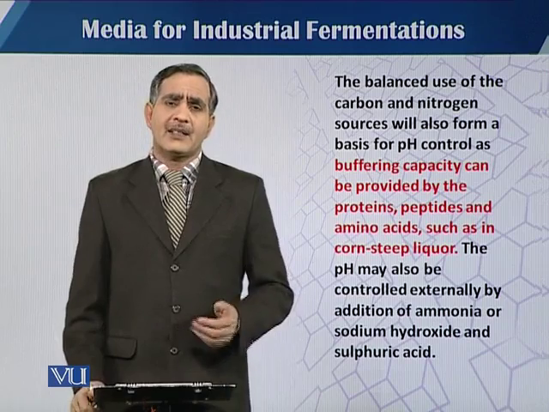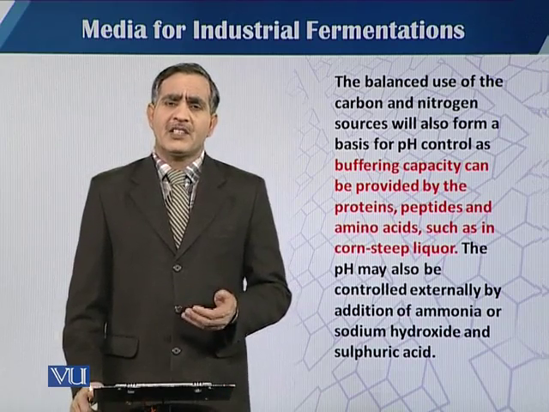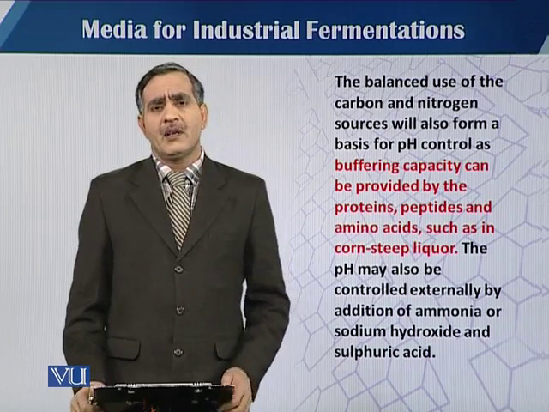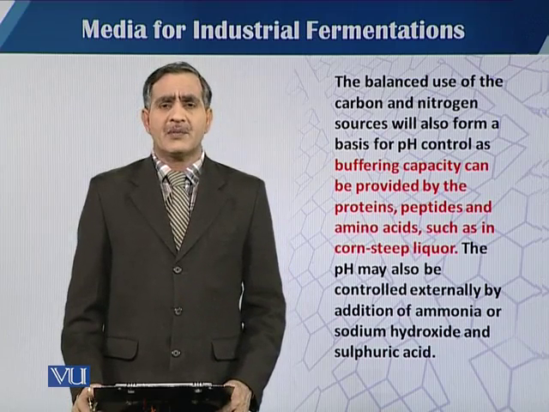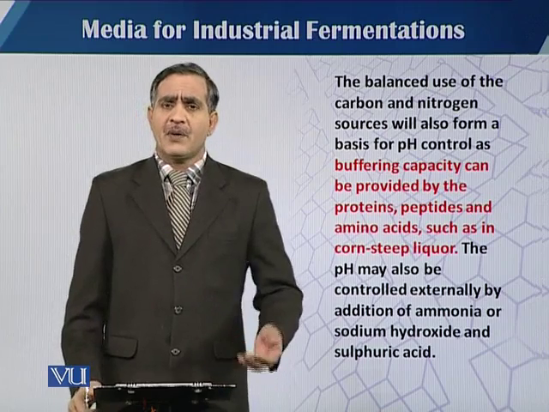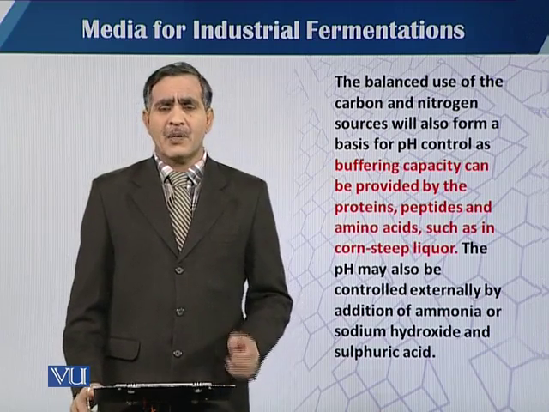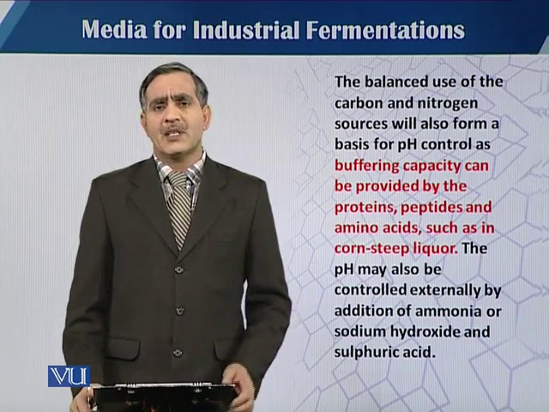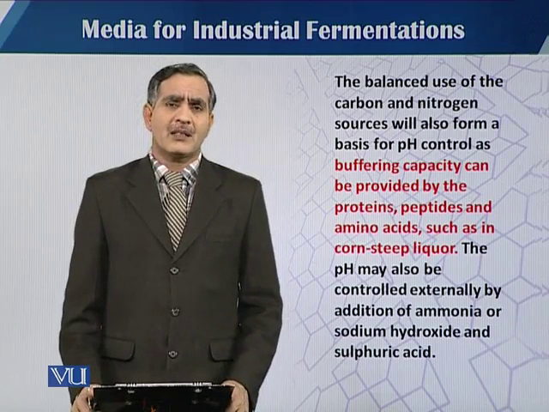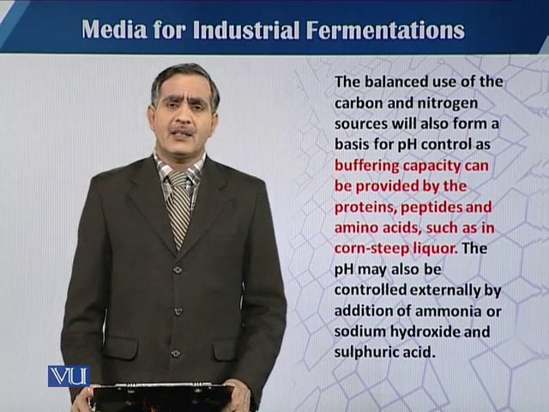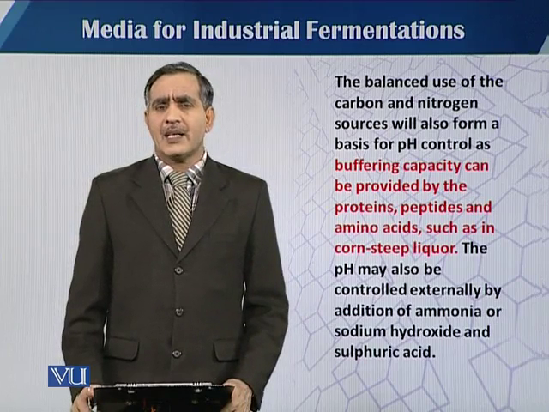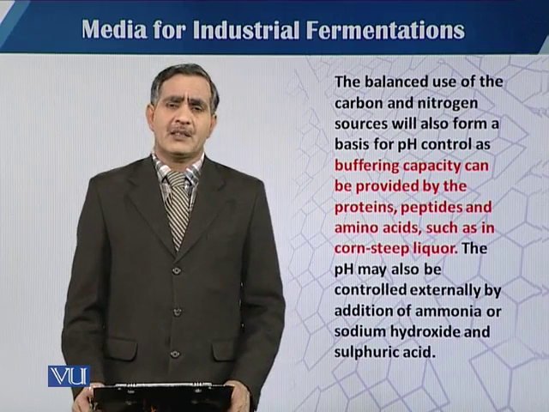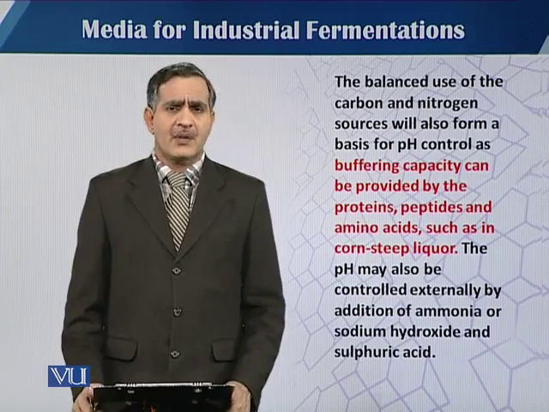If the fermentation pH is required at 5.5, for example with filamentous fungi, especially for cellulase or amylase production, then we have to set the ingredients so that they automatically set the pH at 5.5, or any other pH that we need in the fermentation medium.